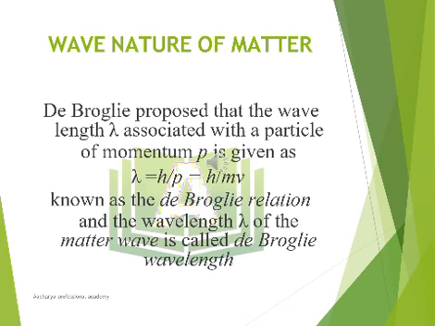You know very well that momentum p is nothing but mass into velocity, so the formula can be written as h by m v. Lambda is the de Broglie wavelength, with the formula h by p where p is equal to m into v. This is known as the de Broglie relation.